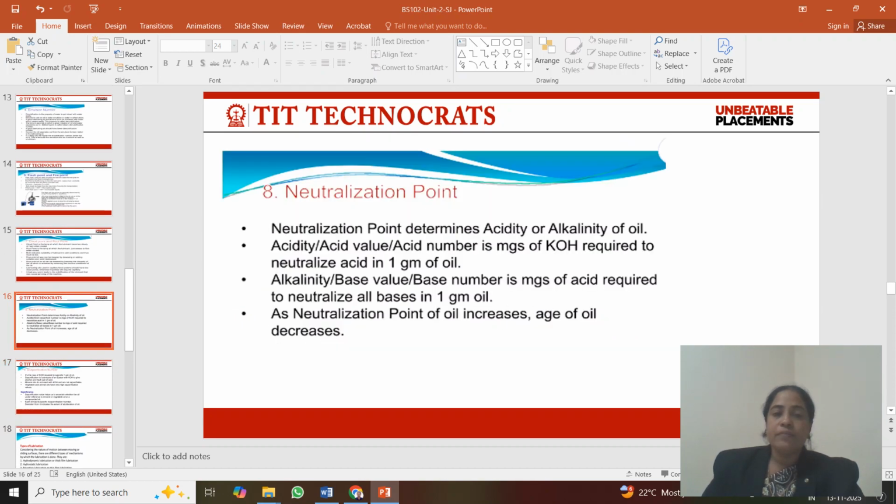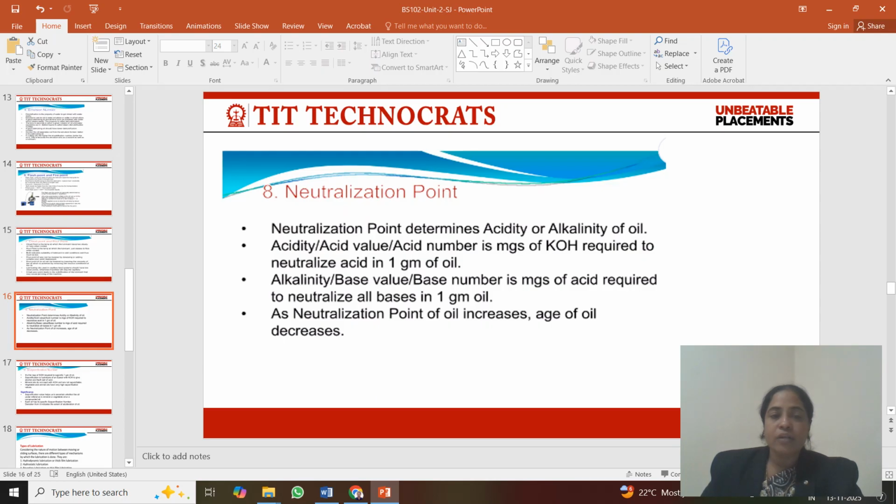The next property of the oil is neutralization point. Neutralization means acidity or alkalinity of oil. Neutralization point determines acidity or alkalinity of oil, and it is measured with the help of milligrams of potassium hydroxide, KOH, and in the presence of KOH you can check the alkalinity or base value and acidity or neutralization value of the oil.